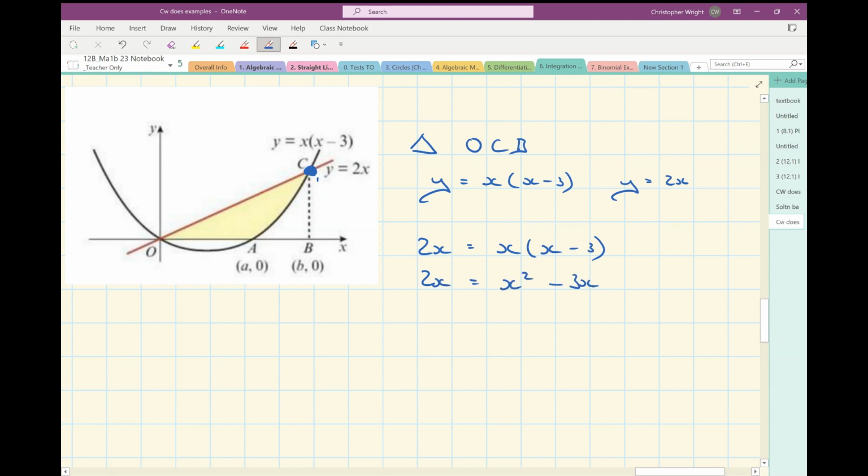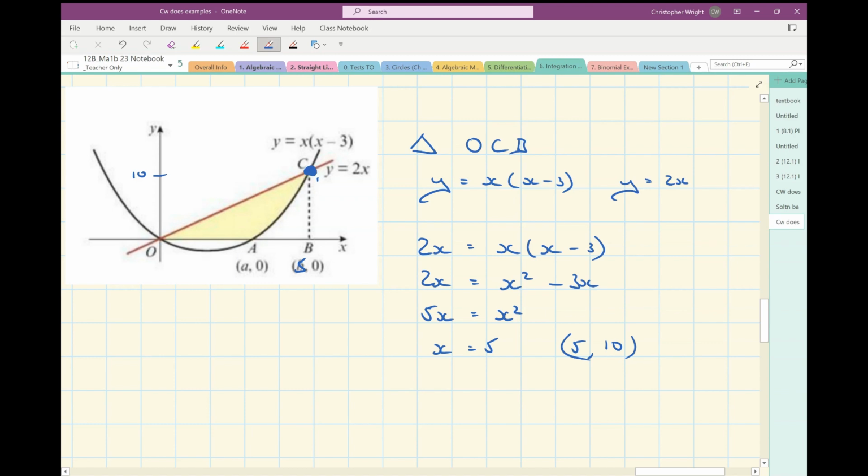I'm going to add 3x to both sides, gives me x squared equals 5x. So x equals 5. So that point is the point 5, 10, because y is 2x. Yes, that's right. So that's the point 5, 0 there, and that's the point 10 on the y-axis there.